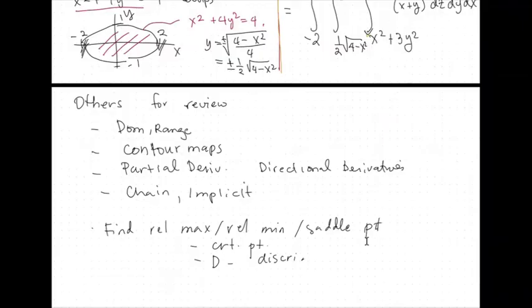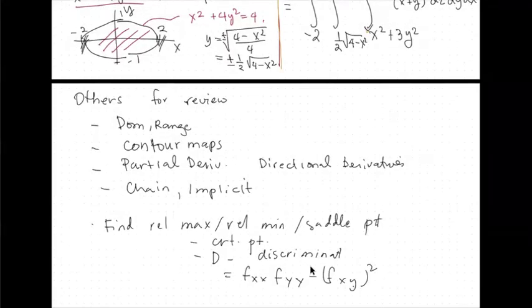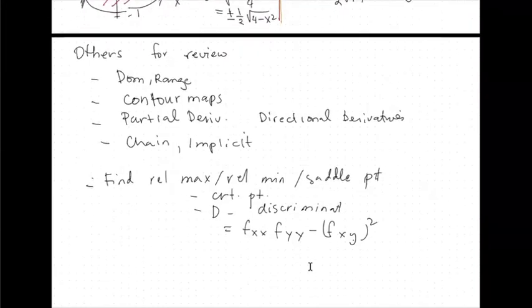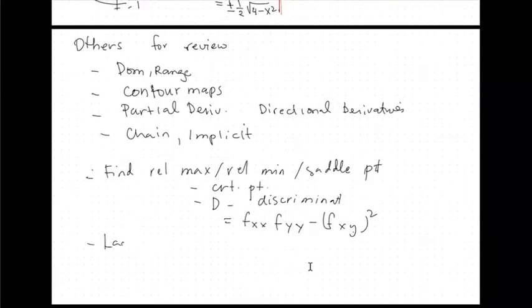In some books it's called discriminant, but your D is equal to f_xx f_yy minus f_xy squared, and you evaluate at the point (a, b). All right. And then you also do review on the Lagrange method. So basically, that's all.